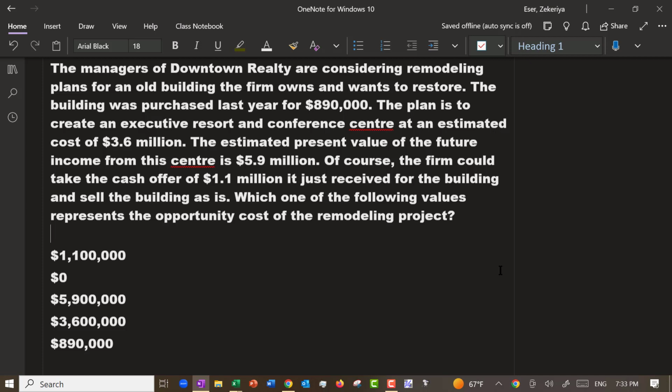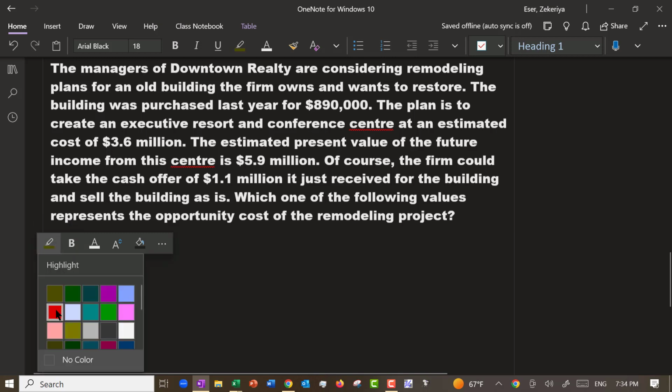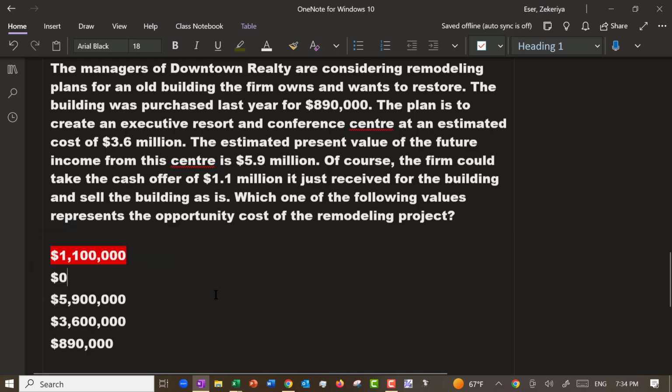If they don't take the project, they could simply sell it for 1.1 million. So that's the cost of the opportunity. You're thinking about the opportunity in its literal sense, but opportunity cost is the value of the second best alternative. If you didn't use it for the project, what would you get? And that's 1.1.